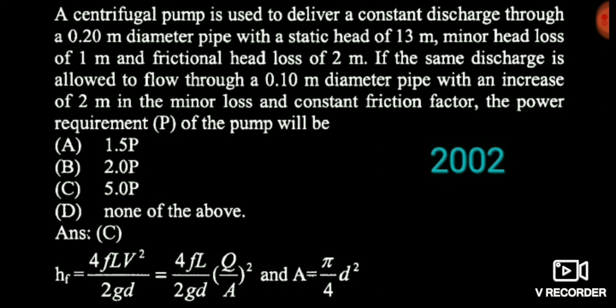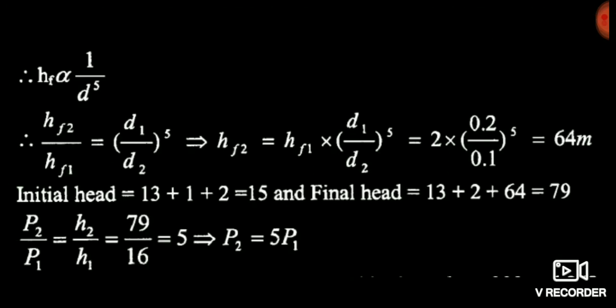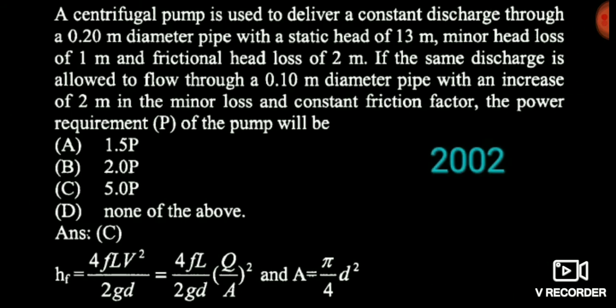So friends, the first thing you can see here, that the diameter is changed. So we have to calculate what is the relationship with the frictional head loss with the diameter. In first case the diameter is 0.2 meter and in second case it is 0.1 meter.